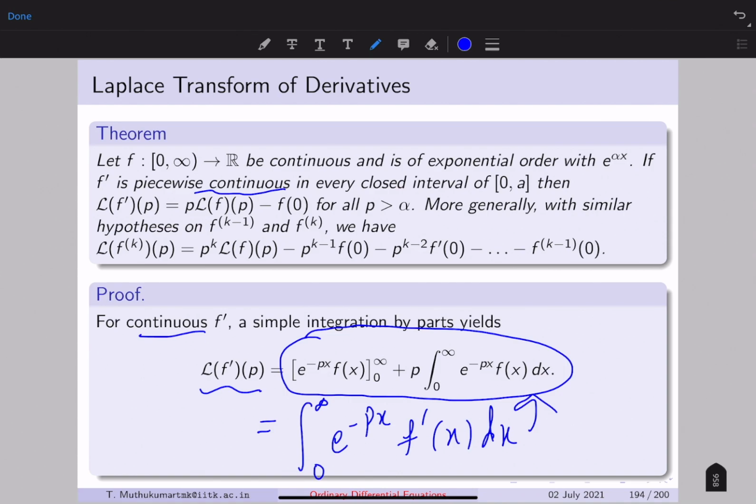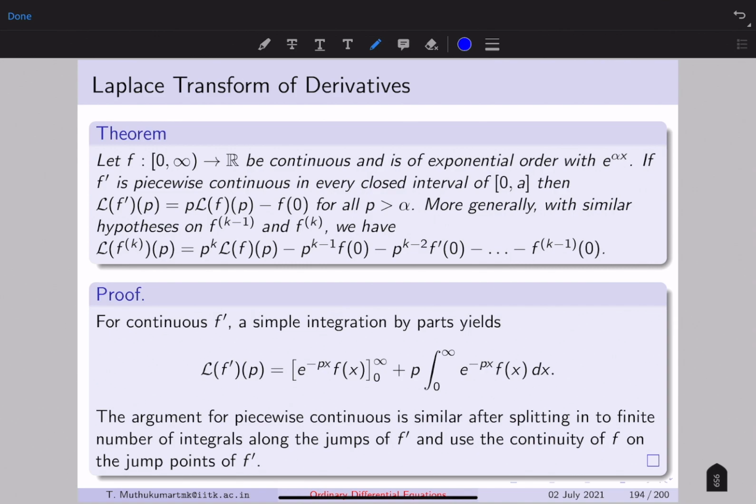Here, when x approaches infinity, the term will vanish. So the only term that remains is when x approaches 0. When x approaches 0, the exponential becomes 1. So what remains is f of 0 with a minus sign, which is the minus f of 0 you have here. And the p times this integral is precisely p times the Laplace transform of f.